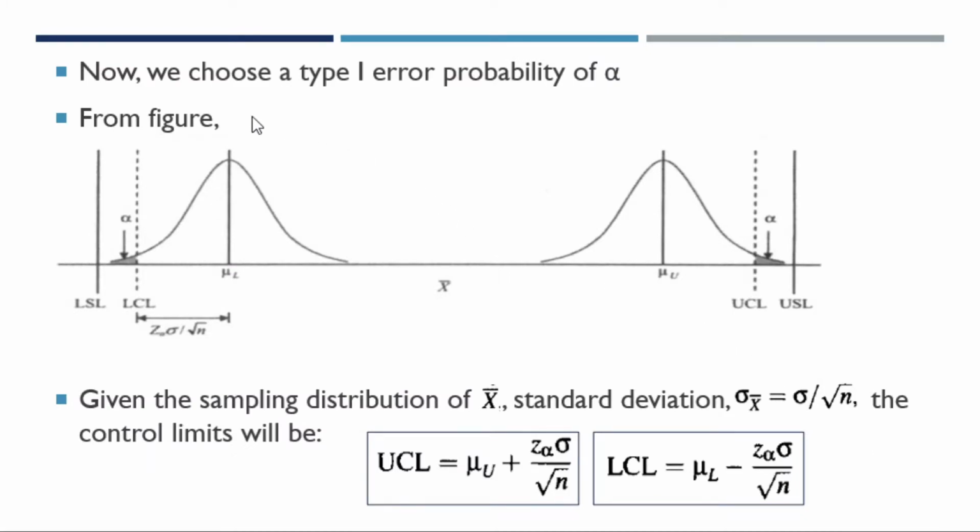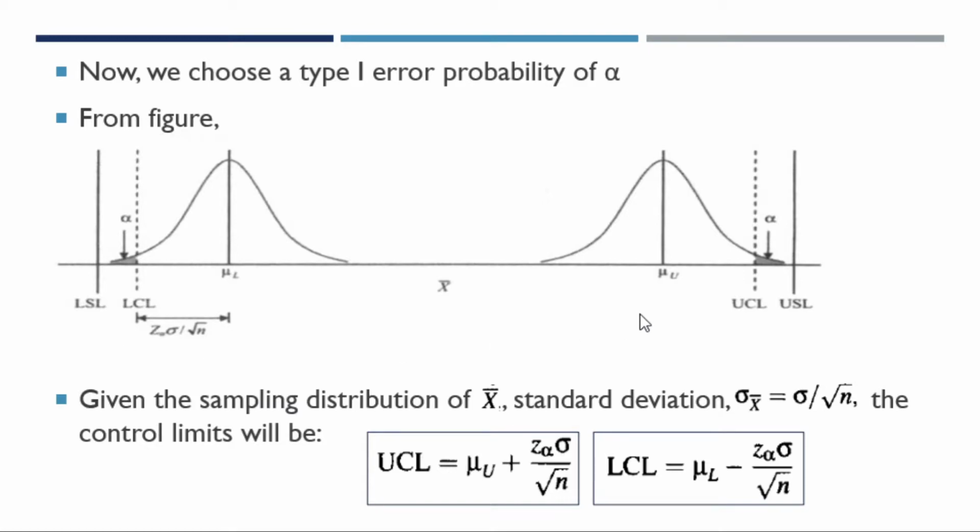Now, we choose a type 1 error probability of alpha. We place our control limits now on an X bar chart, which has a standard deviation of sigma by root n, because this is the sampling distribution.